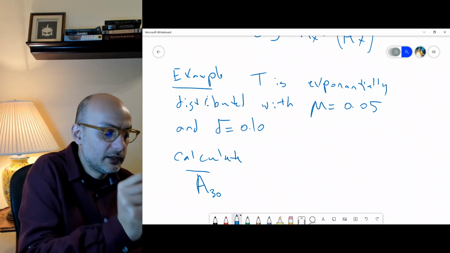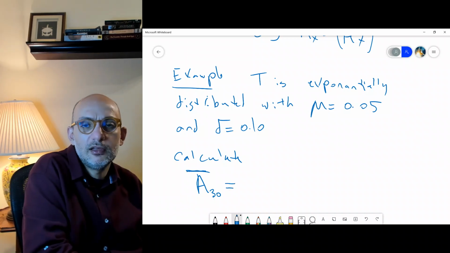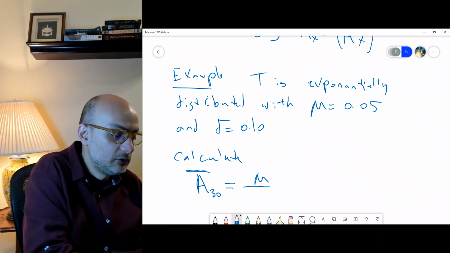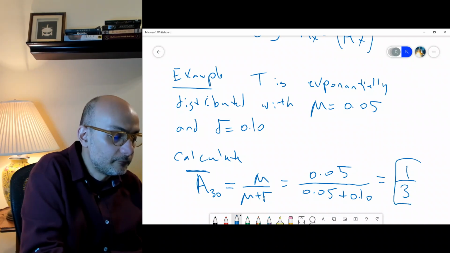At the moment of death, because it's continuous. It's so easy. It has nothing to do with whether somebody is 30 or 100. It's the same value of insurance. So it will be mu over mu plus delta, which is 0.5 divided by 0.5 plus 0.10, 5 over 15, which is 1 over 3.